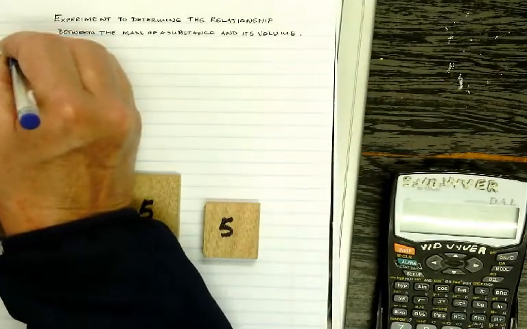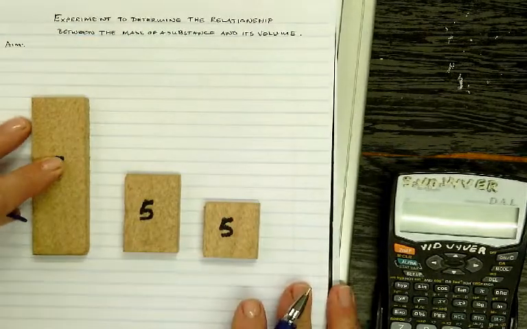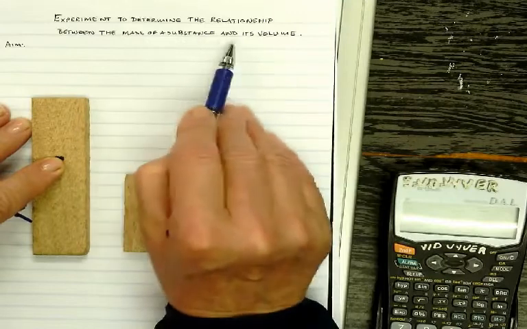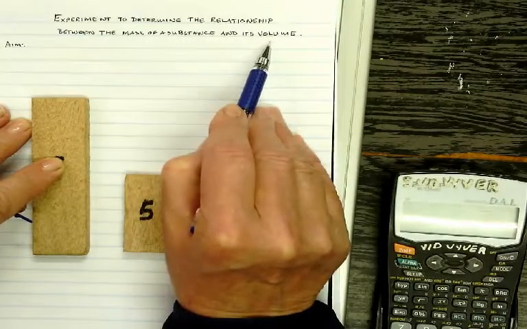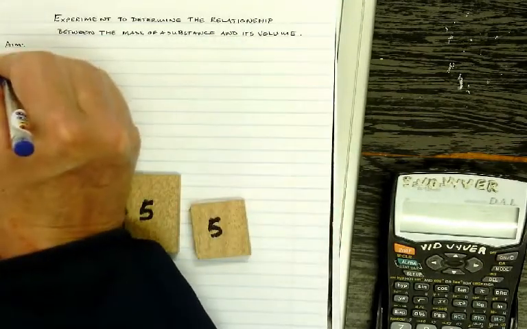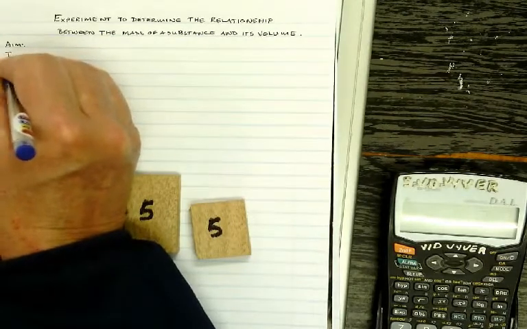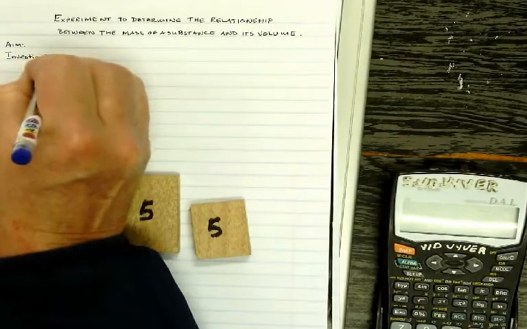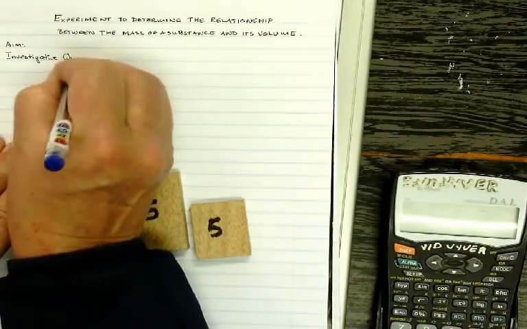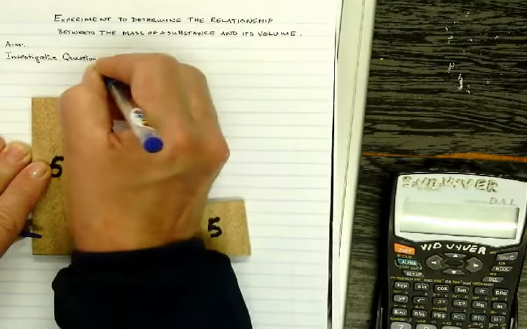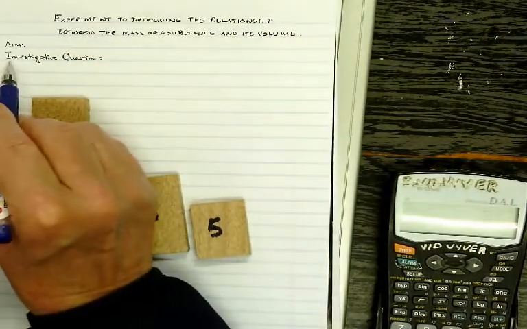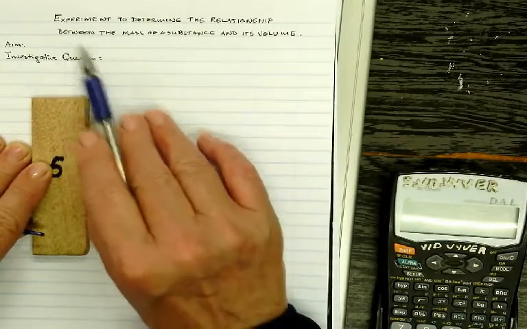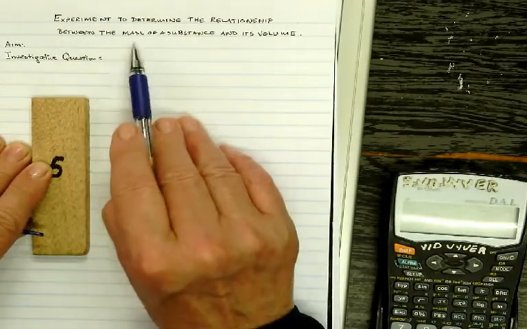There should be an aim to this experiment, and the aim is to determine the relationship between the mass of a substance and its volume. The investigative question should start with what or how, and it should be related to the aim.